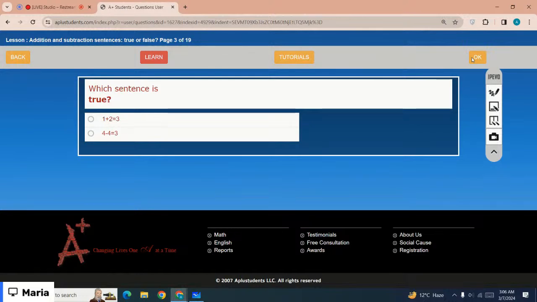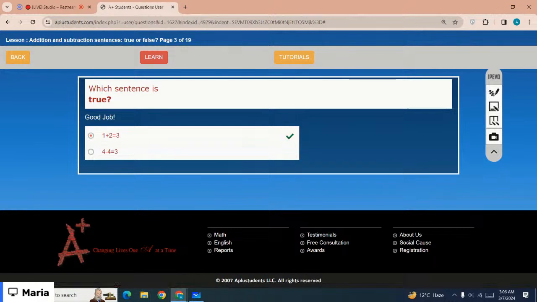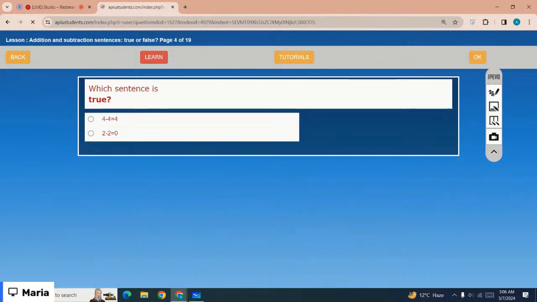Option number 1 is the correct option, right? Because 4 take away 4 is not equal to 3. 4 take away 4 is 0. So option number 1 is the correct option.